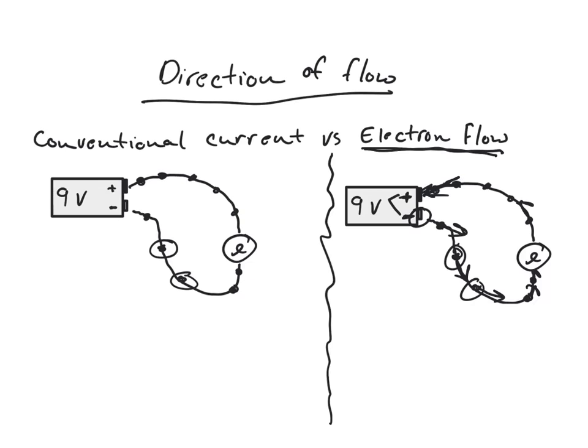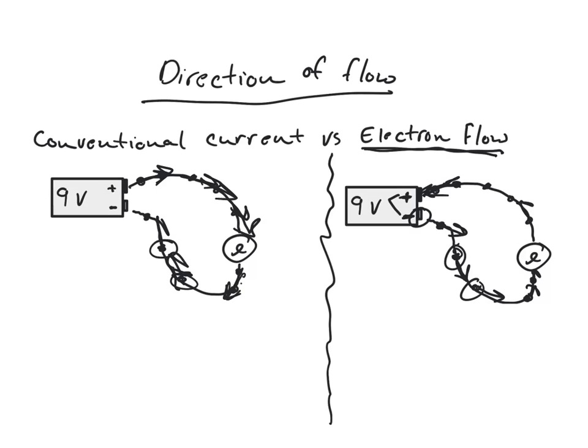However, when Benjamin Franklin was first studying electricity, he made a random guess about which way the current was flowing, and he assumed that the current was flowing from positive to negative. All of the math continues to work when approaching circuits from this perspective. And because so much work had already been done examining circuits and how they worked, this became the conventional standard when approaching the direction of current.